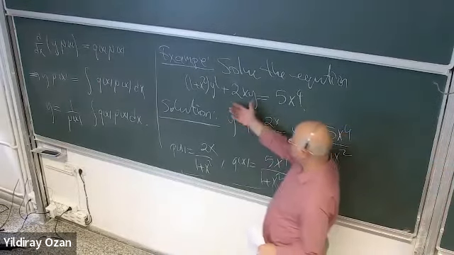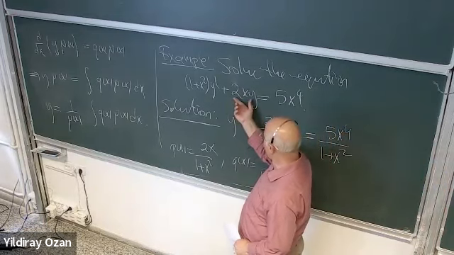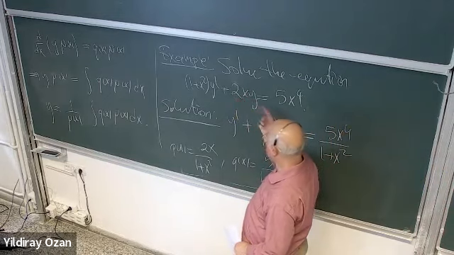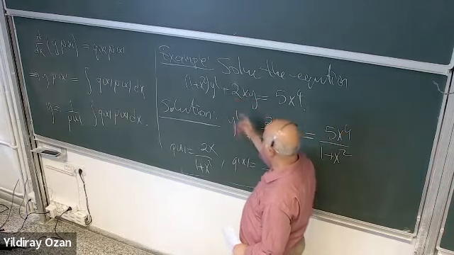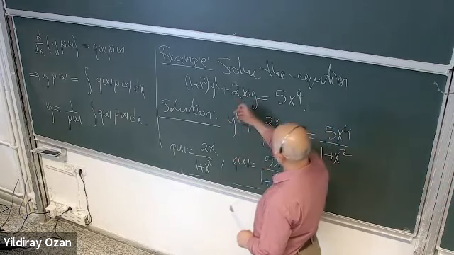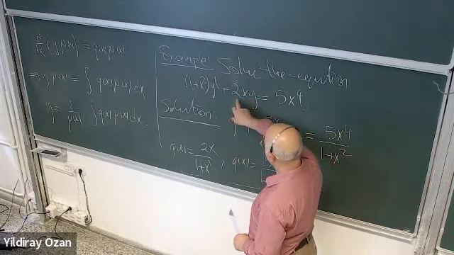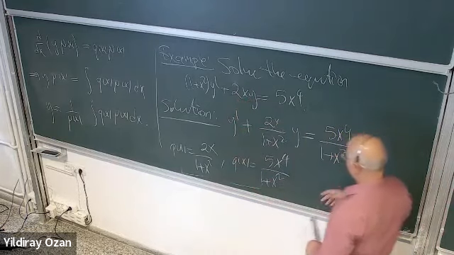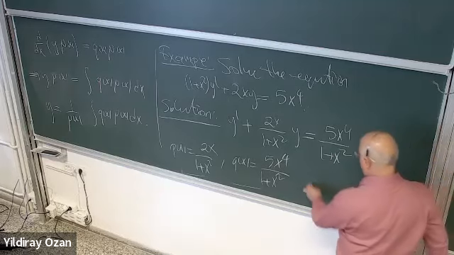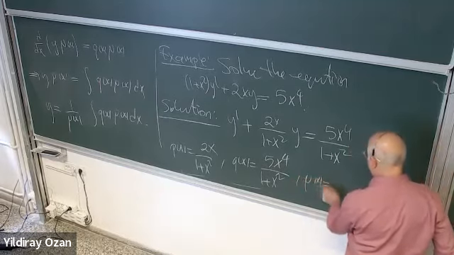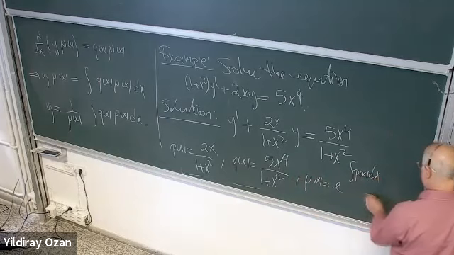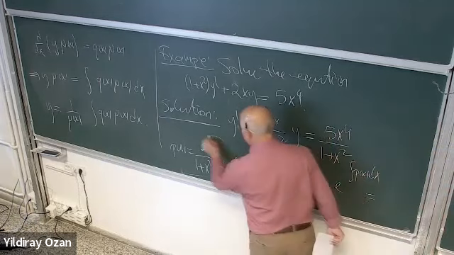Here, if you just choose your p(x) to be equal to 2x, you start with the wrong p, because your equation is not in this form, and the integrating factor you would get using this function wouldn't be the right integrating factor. Okay. So we have to find the integrating factor, which is just e to the power integral of p(x) dx. What is the integral of this?